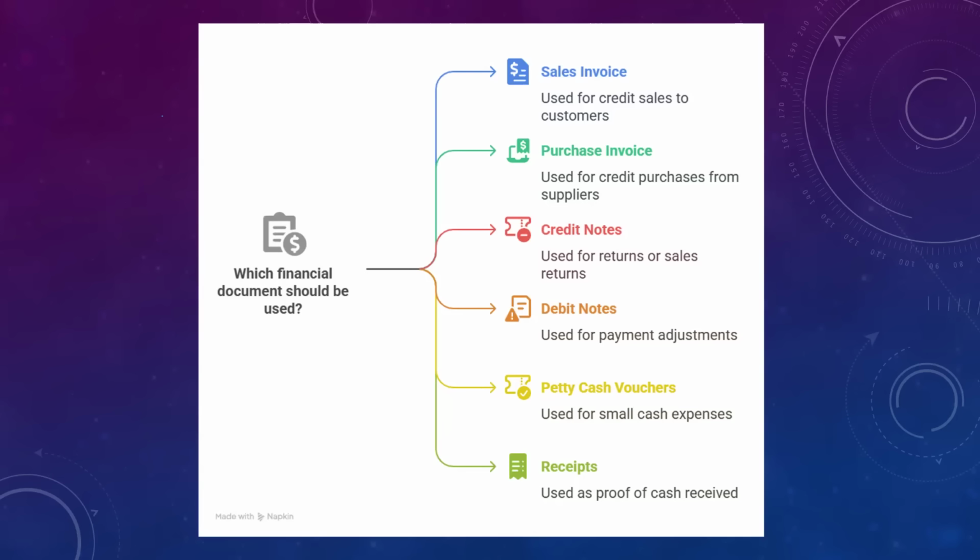Debit notes are used to make adjustments. So let's say I sent an invoice for $900, but there was an error. It was supposed to say 1,000. I would send the debit note for 100, stating that the invoice was understated.